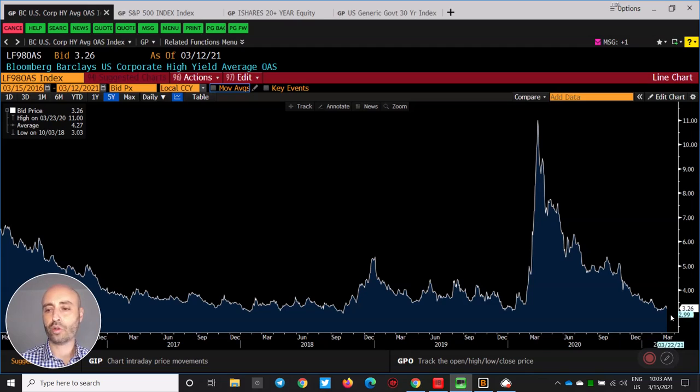The fact that I'm only getting 3.26% more for holding a risky junk bond is crazy. Now, for perspective here, look at what happened during the beginning stage of the pandemic. You can see that these bonds, the yield went way up, which means that the bond price effectively crashed down. And this was the case until the Fed bailed out all these corporations that had junk bonds issued. So this is very unstable.